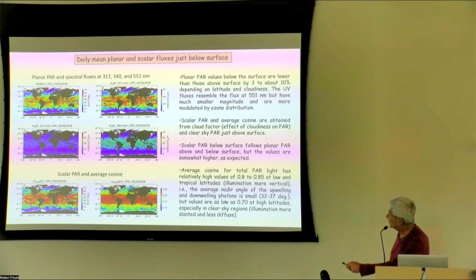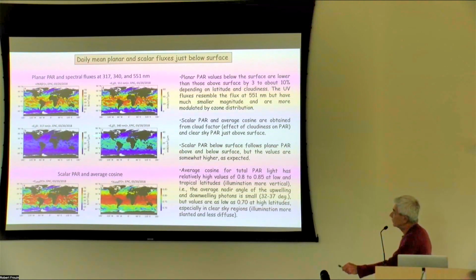This is the flux at 550 nanometer, 370 nanometer, 340 nanometer, UV to visible. So these are spectral daily mean fluxes. And this is integrated over the spectral range.